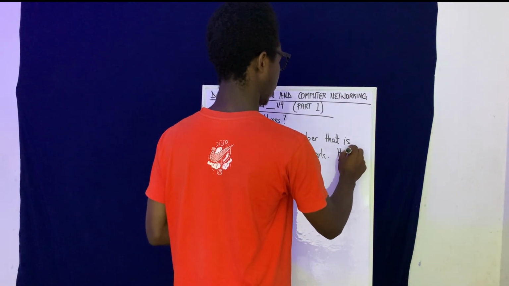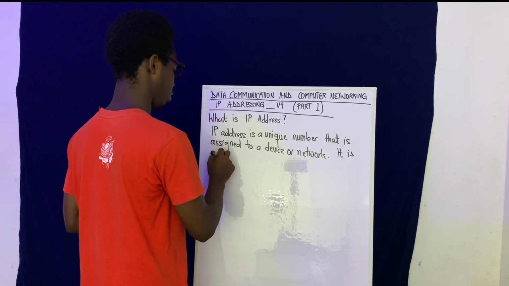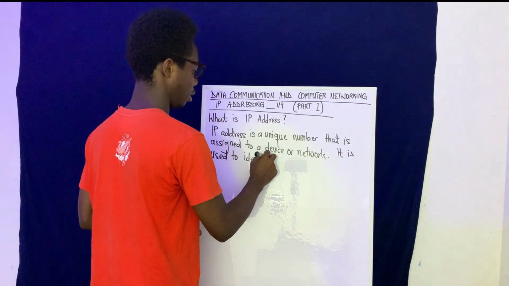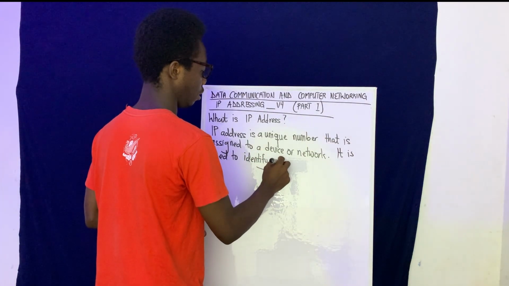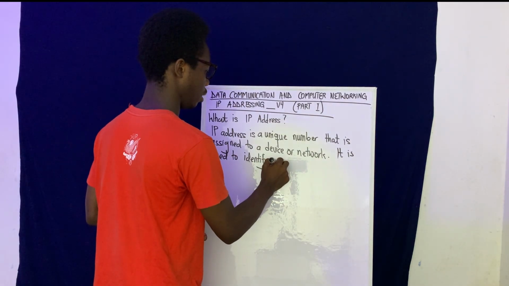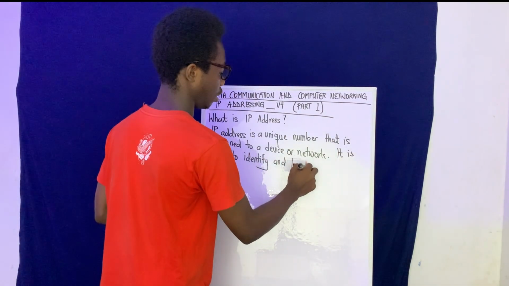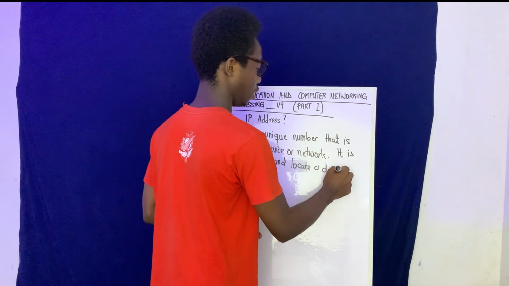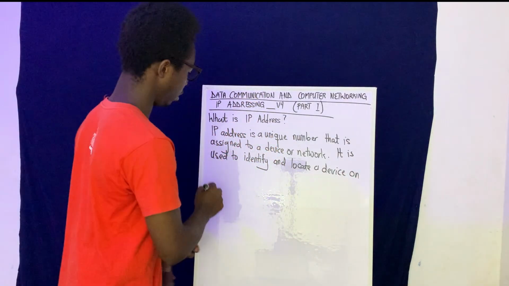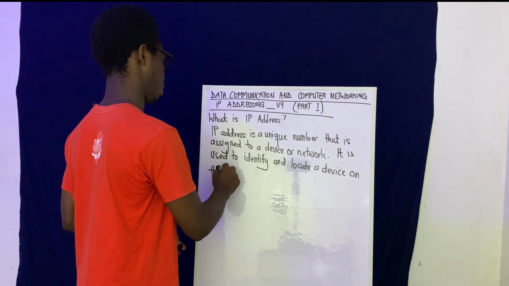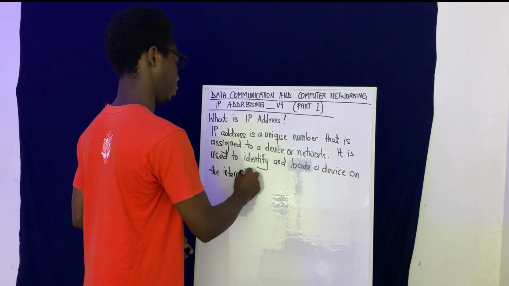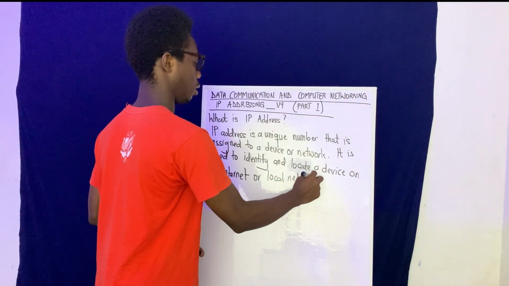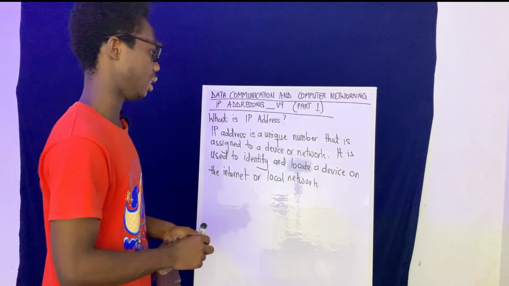So it is used to identify and locate a device on the internet or local network. So this is the definition of an IP address.